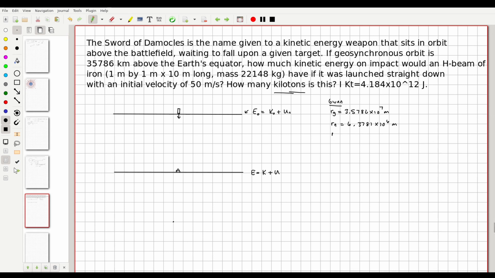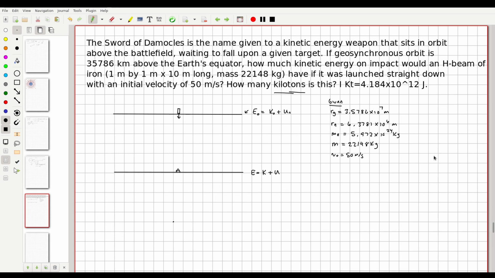We know the mass of the Earth, 5.972 times 10 to the 24th kilograms. We know the mass of the girder, which I'll just call M, which is 22,148 kilograms. We know its initial velocity is 50 meters per second as its speed, and it's going to be down, but we don't have to worry about that. We already know that.